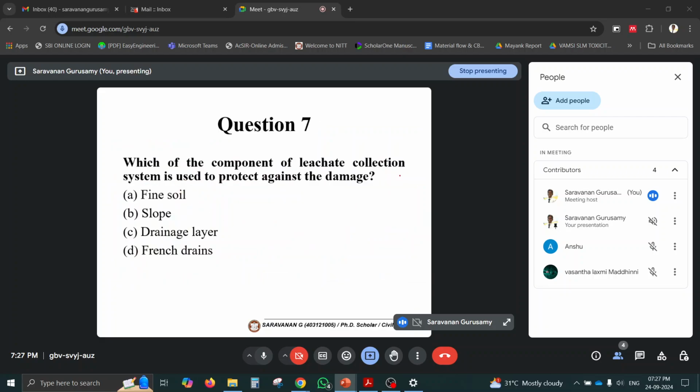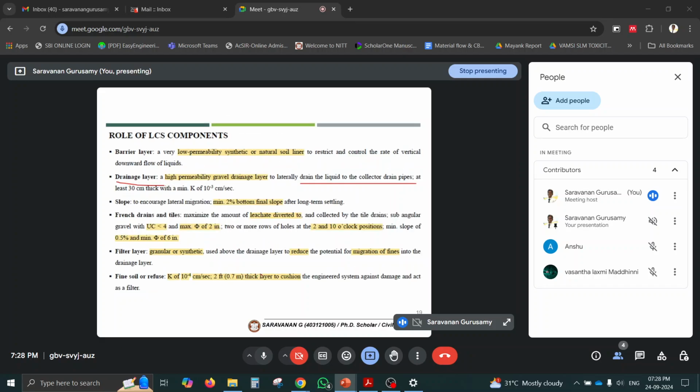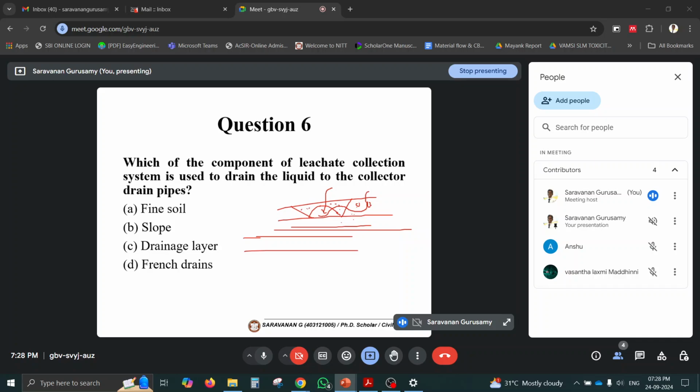Which component of the leachate collection system is used to protect against damage? Fine soil, slope, drainage layer and the French drains. So as I mentioned, French drains and fine layers are the engineered system that protects the filter against damage, because, as already drawn here, whenever the fine soil is not there, the leachate that is entering into the pipe with silt will clog the pipe.